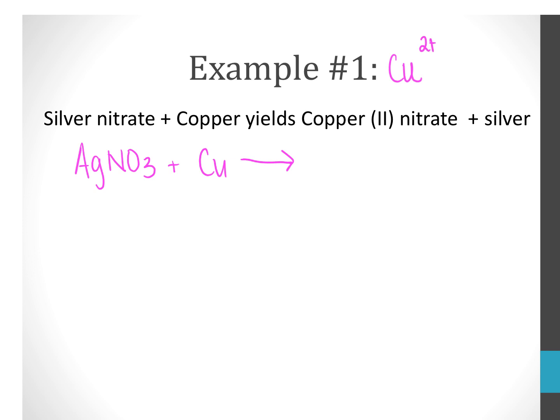Okay, plus 2. And then if you look at the back of your periodic table, what's the formula for nitrate? So we have NO3 minus 1. What do you do with those charges now? Switch. Okay, crisscross.